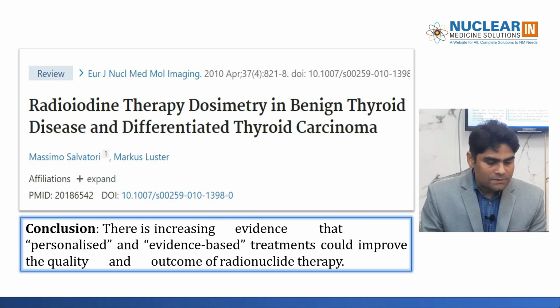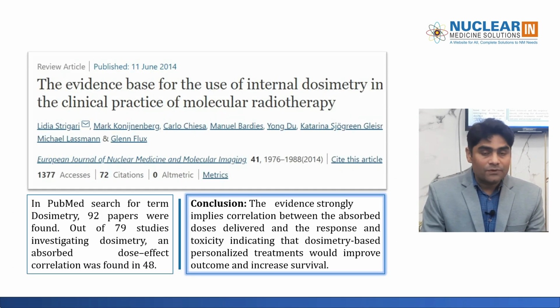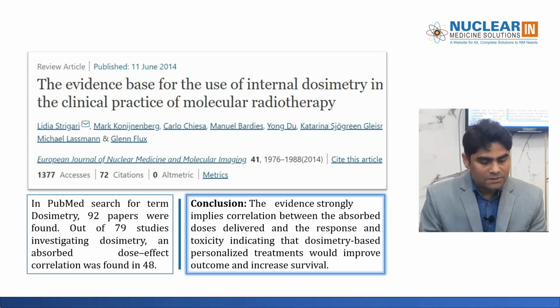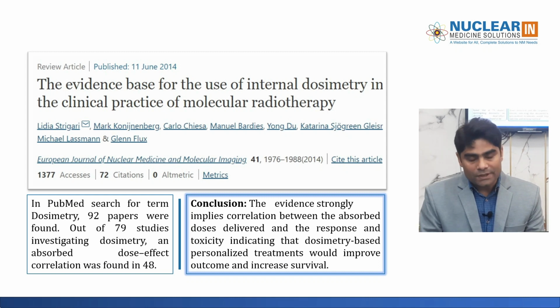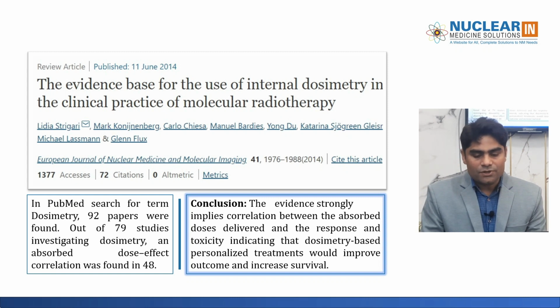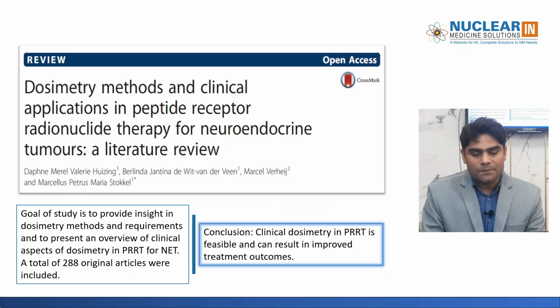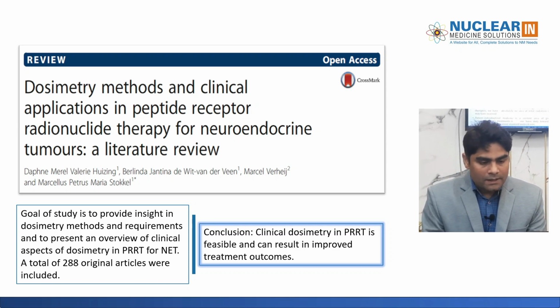This study searched for the term dosimetry and found 92 papers, and out of those 79 studies were investigating dosimetry, and an absorbed dose effect correlation was found in 48 studies. They concluded that dosimetry based personalized treatments would improve outcome and increase survival. This study also says that clinical dosimetry in PRRT is feasible and can result in improved treatment outcomes.